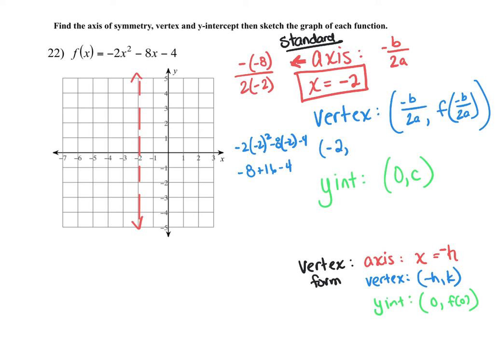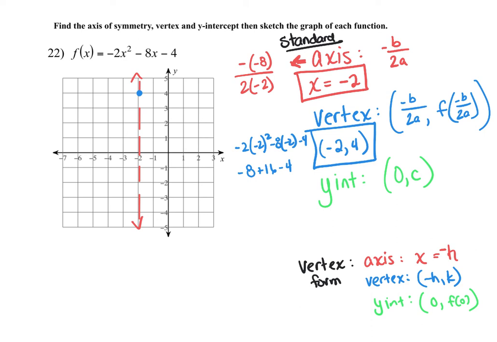So my vertex is going to be negative 2, positive 4. Right? And so that is the second piece of this, my vertex. And I'm going to go to negative 2, positive 4, and I'm going to plot that point.